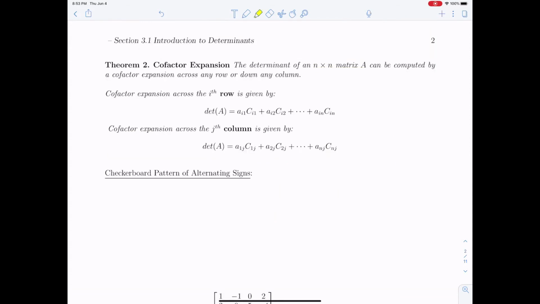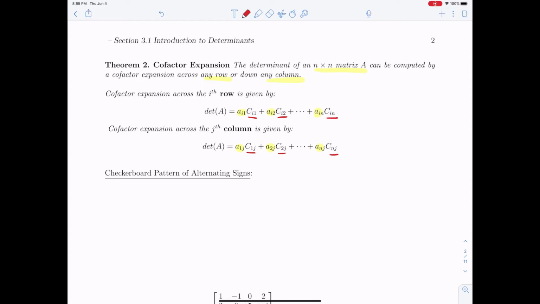Suppose that A is an n by n square matrix, then the determinant of A can be computed by expanding along any row or any column. Basically, we can either choose the elements in the ith row and multiply by cofactors to calculate the determinant of A, or you can choose the jth column to calculate the determinant of A as well.